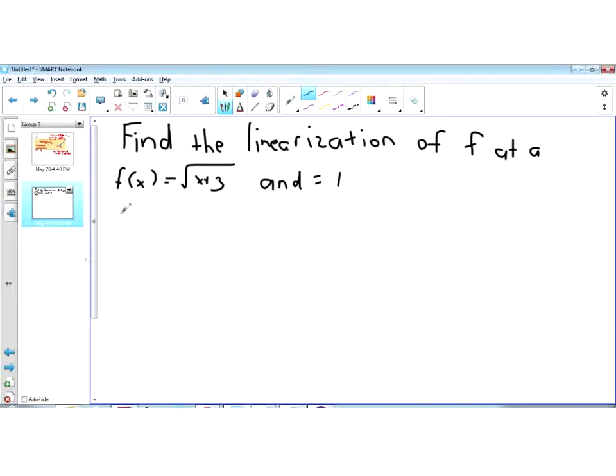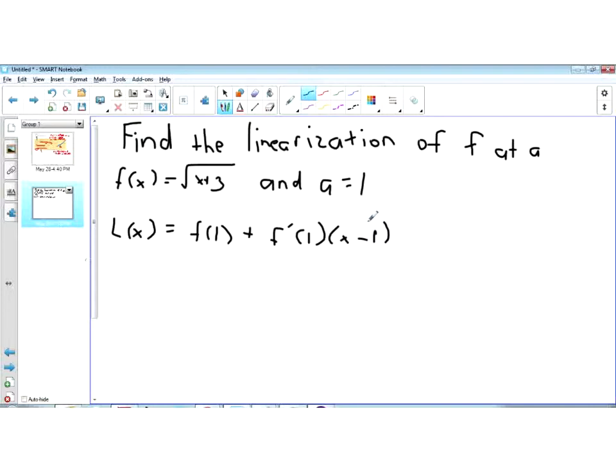So the linearization, from the previous slide, we want to solve for L of x. We want to find this function. I forgot to write my a. And a equals 1. So the linearization L of x is equal to f of 1 plus f prime of 1 times x minus 1.